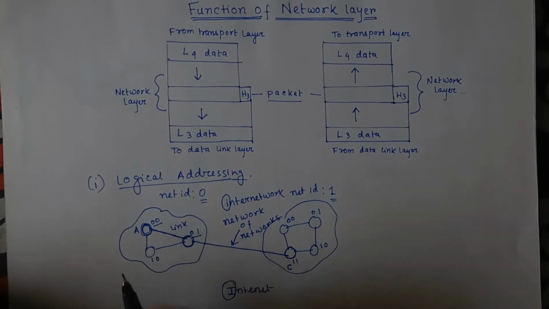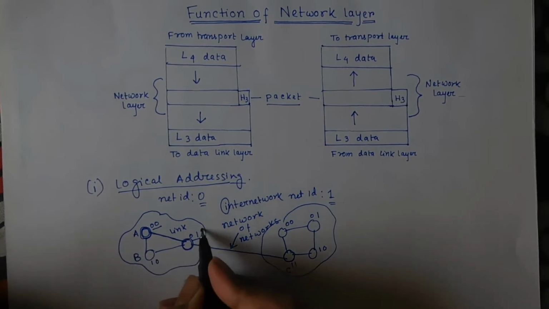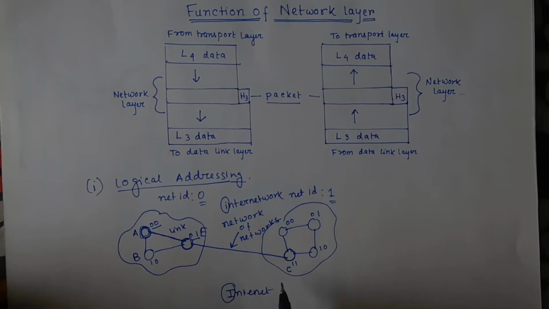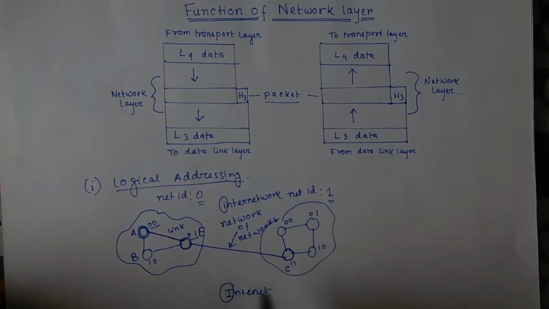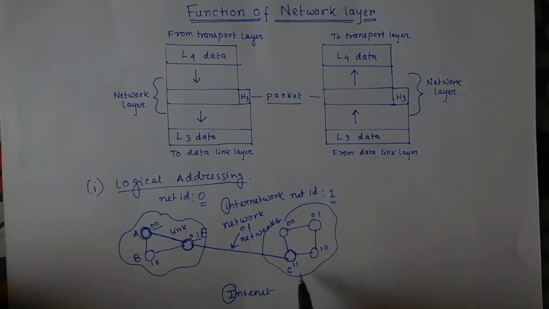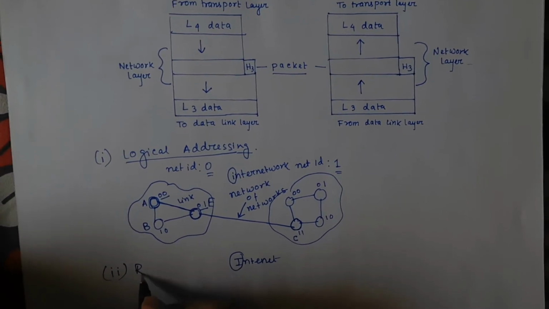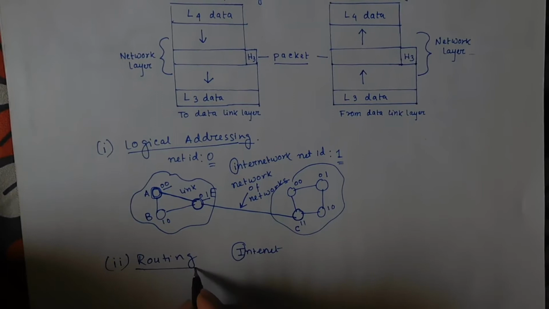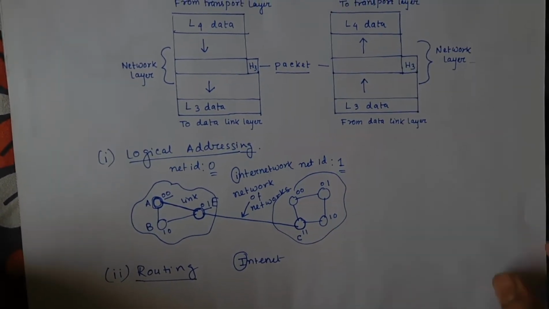So it may be A, B and C, or A, E and C. So when we transmit between two different networks, we have a route to send the packet to the final destination. This mechanism is called routing, and this is provided by the network layer. So these are the functions of network layer.